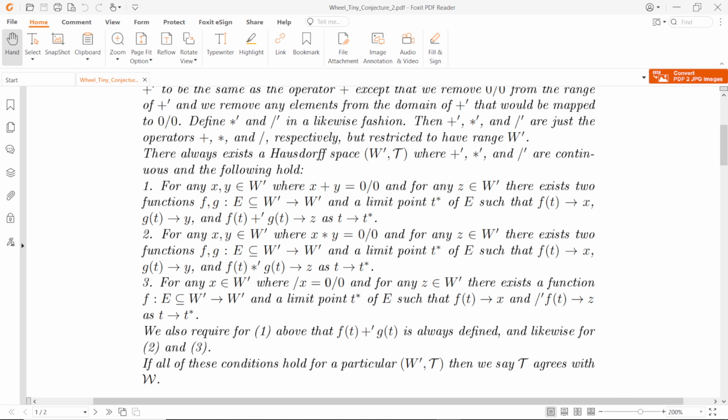Now, a technical detail here is that we require that the functions be such that the sum of them is always defined. Wait a minute. Now I'm wondering if I even need... Is that redundant?